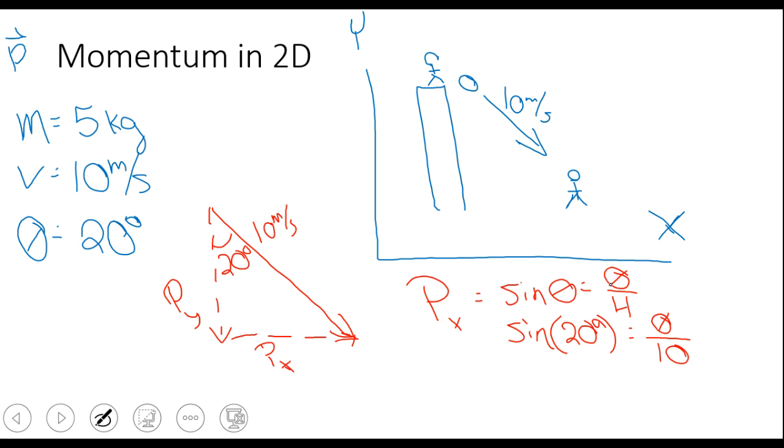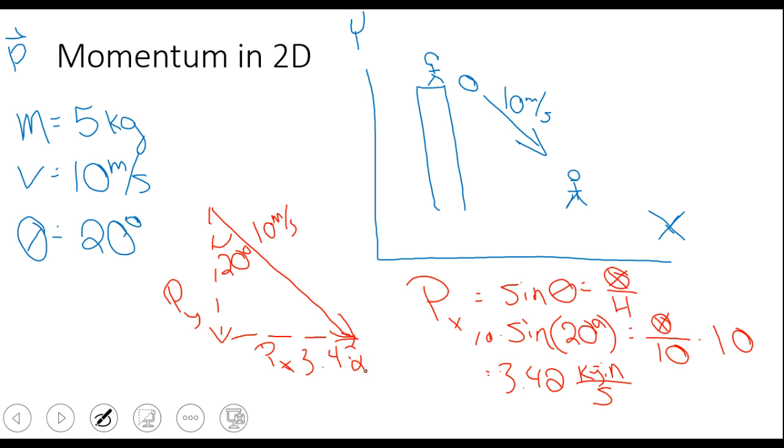What we're going to try and find is the opposite, so I need to multiply both sides by 10. And 10 times sine of 20 degrees is going to be 3.42. And so the x component of this momentum is 3.42 kilogram meters per second. We'll go ahead and label that.